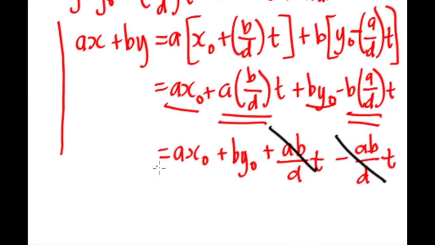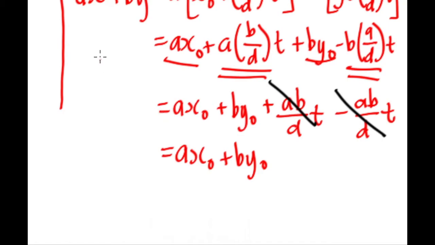It will give us 0, and what we have in the end is a x sub 0 plus b y sub 0, which is literally the same as ax plus by. So this is equal to c. We can write it here, equal to c. Therefore, ax plus by is equal to a x sub 0 plus b y sub 0 is equal to c.